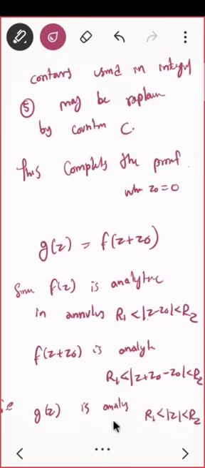Correct? So can I use that? So what will be my g of z? g of z can be written as summation n equal to 0 to infinity an z raised to n plus summation bn upon z raised to n, n equal to 1 to infinity, where mod z is between r1 and r2. So let us replace g of z by f of z, then I'll be done.